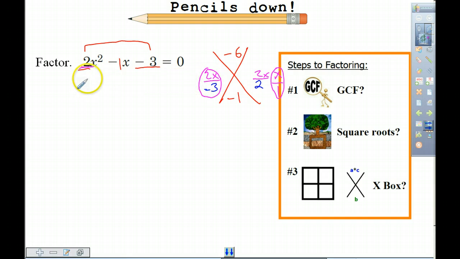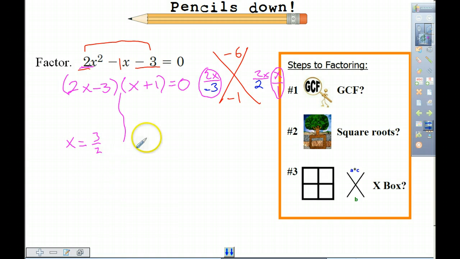So that's why we do it this way. So your two binomials will be 2x minus 3 and x plus 1. Don't use the 2x plus 2, use the x plus 1. Of course, the rest is the same. You'll get answers of 3 over 2 and negative 1.